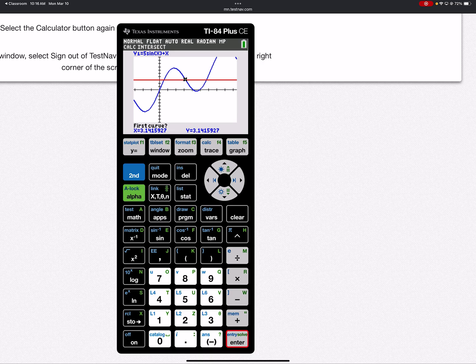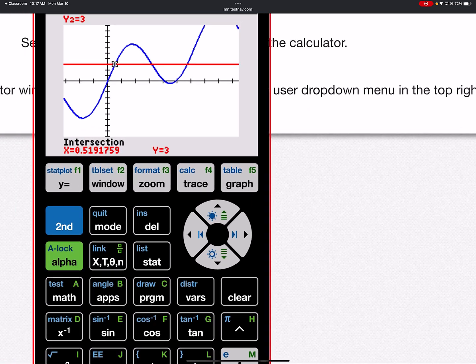If you go to your y equals, it should show you which color is what. The blue curve from my calculator is the sine curve. The red curve is the 3. I want to know what this solution is, so all I have to do is go over really close to where those two cross, and then just hit enter, enter, enter.